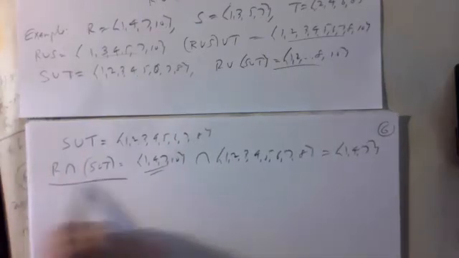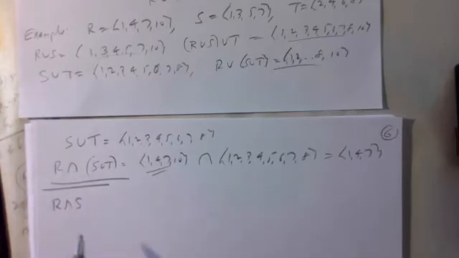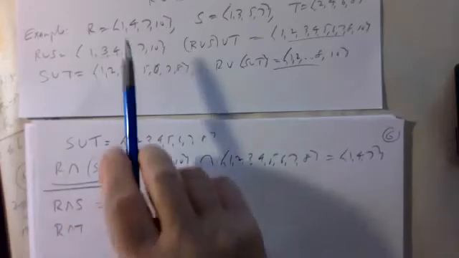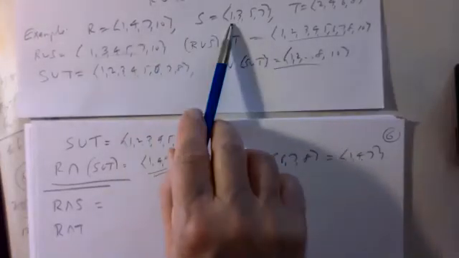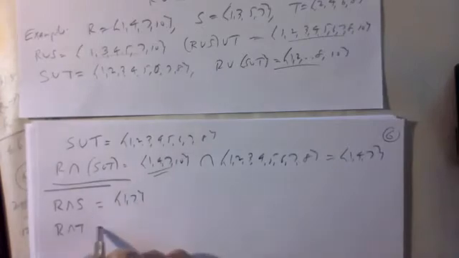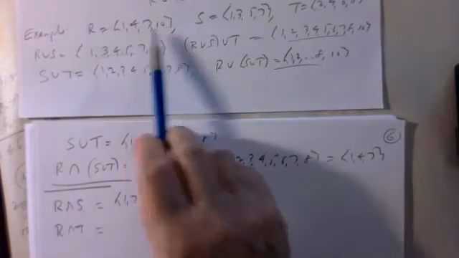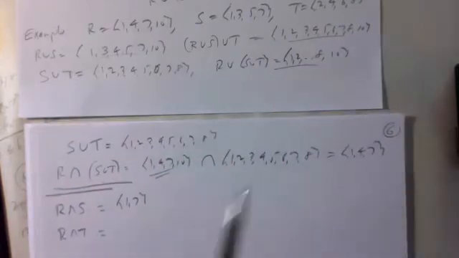What about R intersect S and R intersect T? Here's R, here's S. R intersect S is 1 and 7. R intersect T is just the number 4.